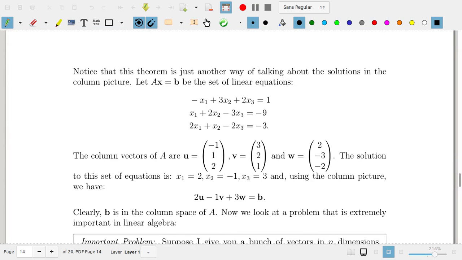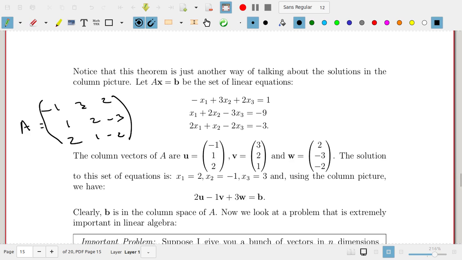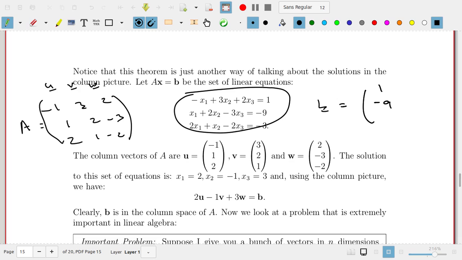Now notice that this theorem is just another way of talking about the solutions in the column picture, right? So, for example, if you have a coefficient matrix A with rows -1, 3, 2; 1, 2, -3; 2, 1, -2, and you take the first column to be u, the second column to be v, and the third column to be w, and you take the right hand side to be 1, -9, -3, then you can write the solutions this way.